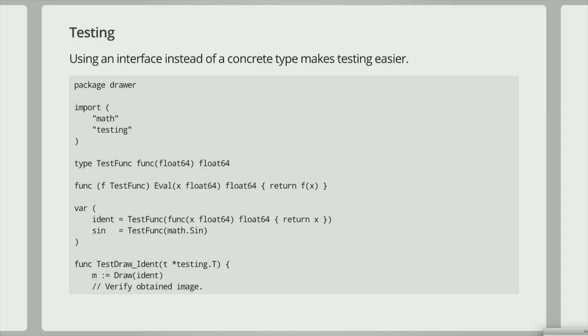Which means that now I can test it. I can pass anything that is a function. That function could be my test func, which is an actual function. It could be math.Sin to do that operation.